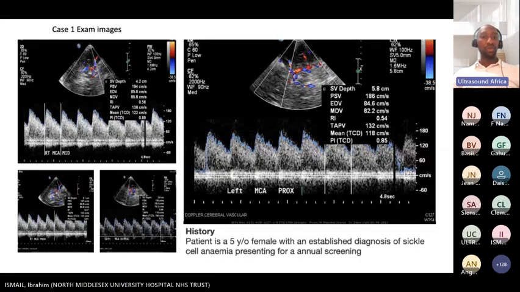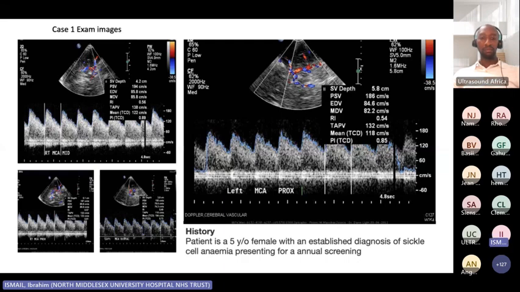How many readings should we take on one vessel, say the MCA? That's a question from Ian Kemboy. Yeah. So how many samples? It depends if you're using non-imaging or imaging.